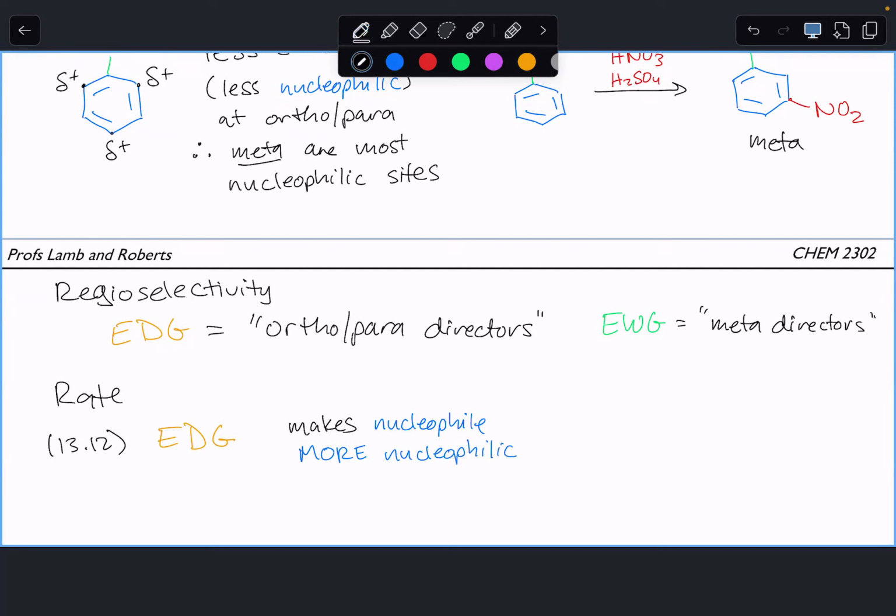So if you make a nucleophile better at its job, your rate of reaction should go up. So therefore, it is called an activator.